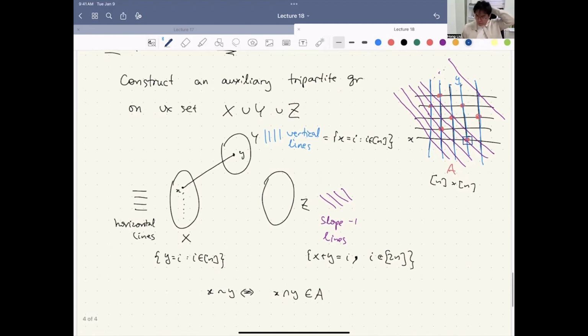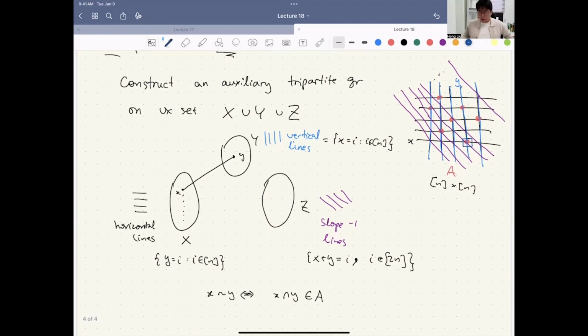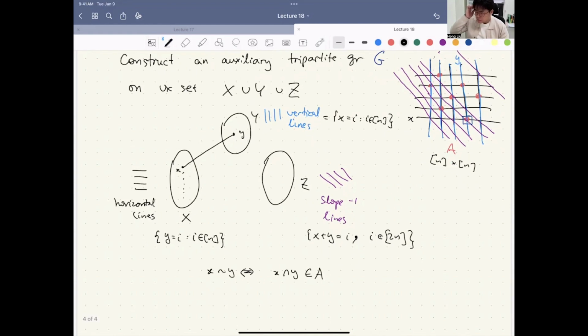All right, good. First of all, how many edges in this graph G? This is my auxiliary graph G. Notice that every grid point in A generates a triangle, because these two form an edge, these two form an edge, these two form an edge.